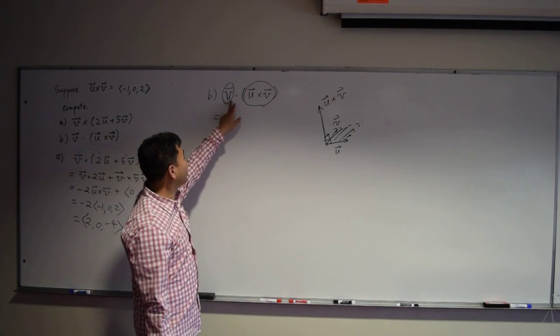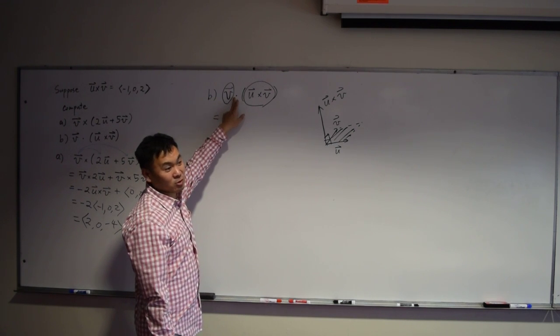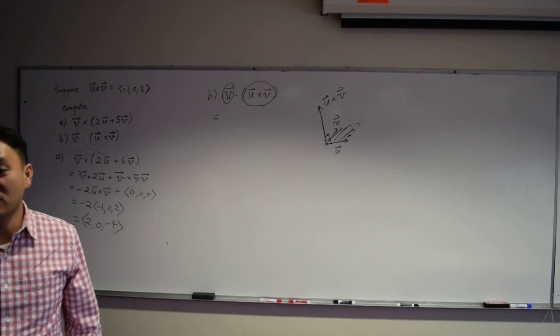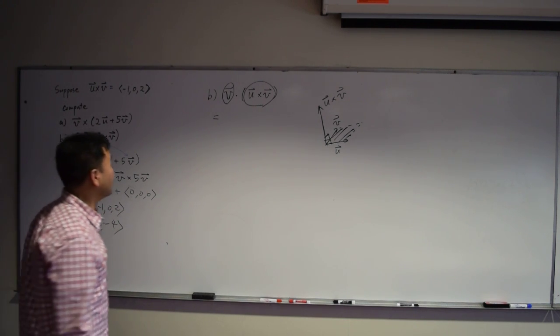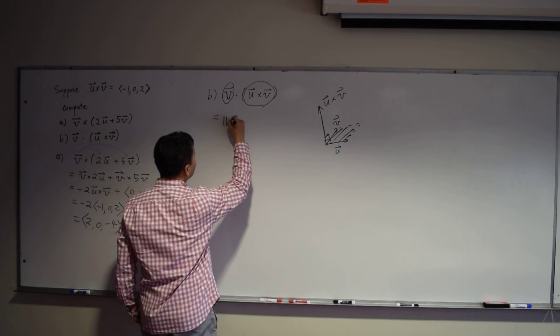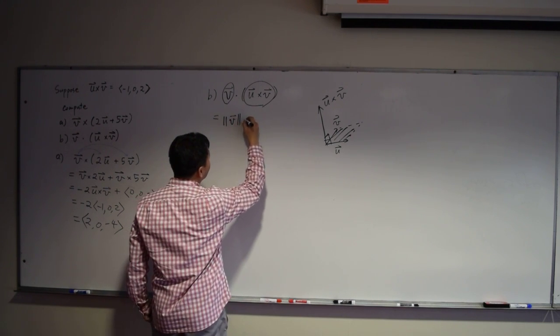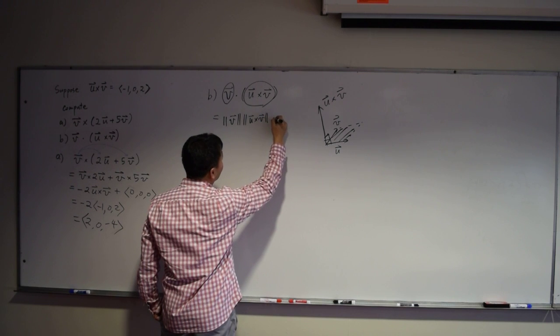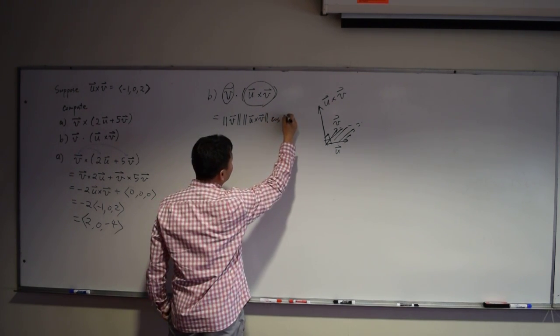Then go back to this and think about what dot products do when two vectors are orthogonal. It gives you 0, because this is saying it's the norm of v times the norm of u cross v times cosine of the angle between them.